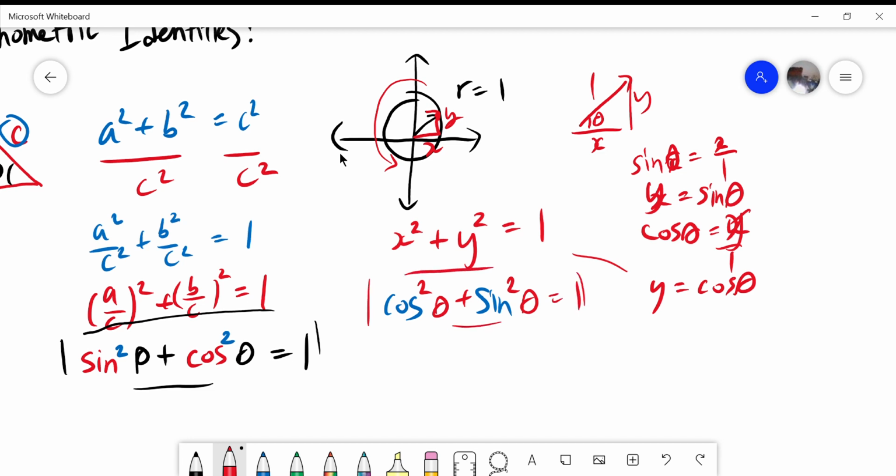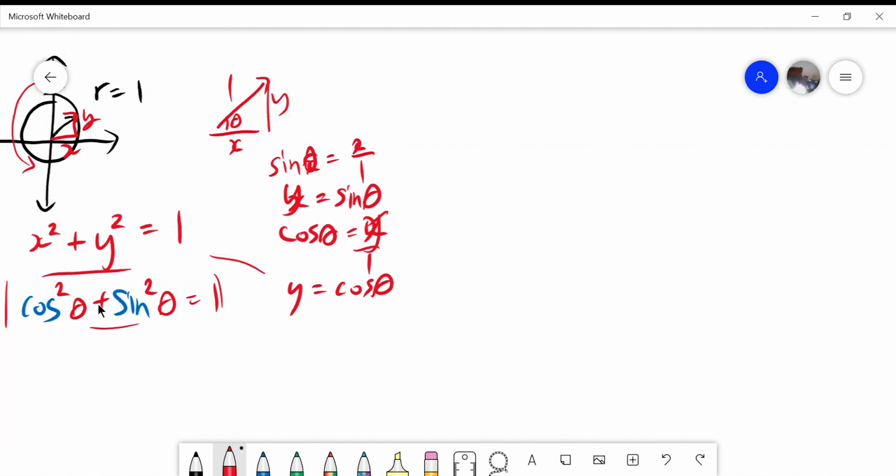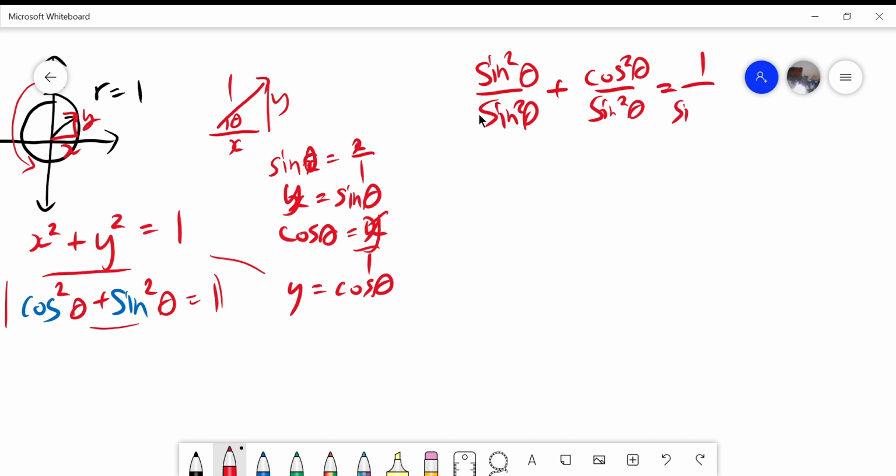Alright, now we can move on to the other trig identities. So we'll take this and divide both sides by sine squared. So sine squared divided by sine squared plus cosine squared divided by sine squared equals 1 divided by sine squared theta. And we see that this is equal to 1.